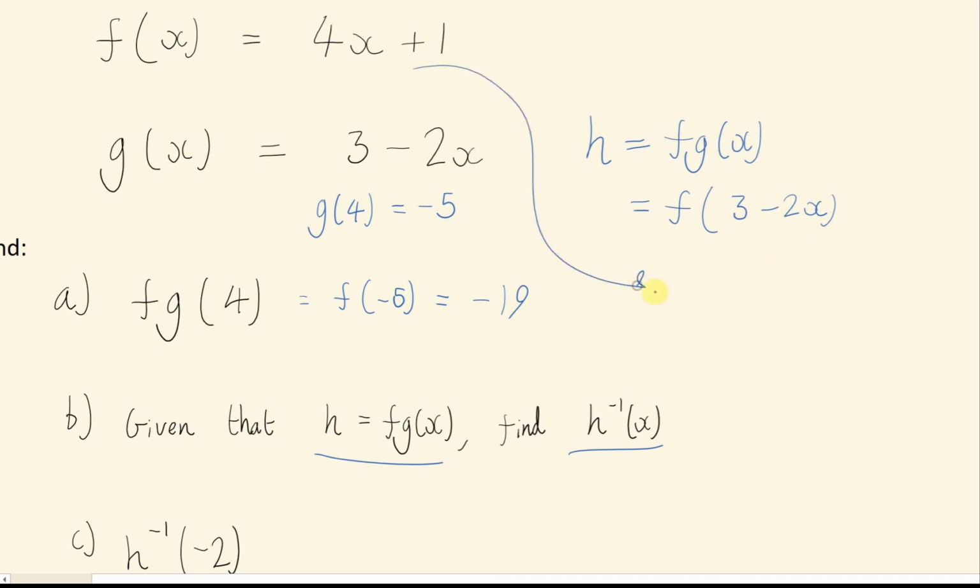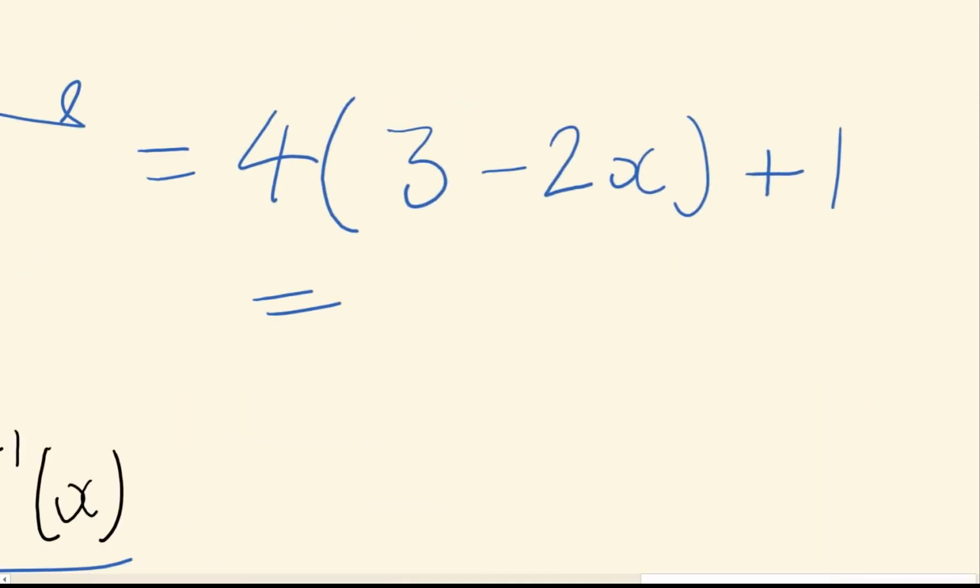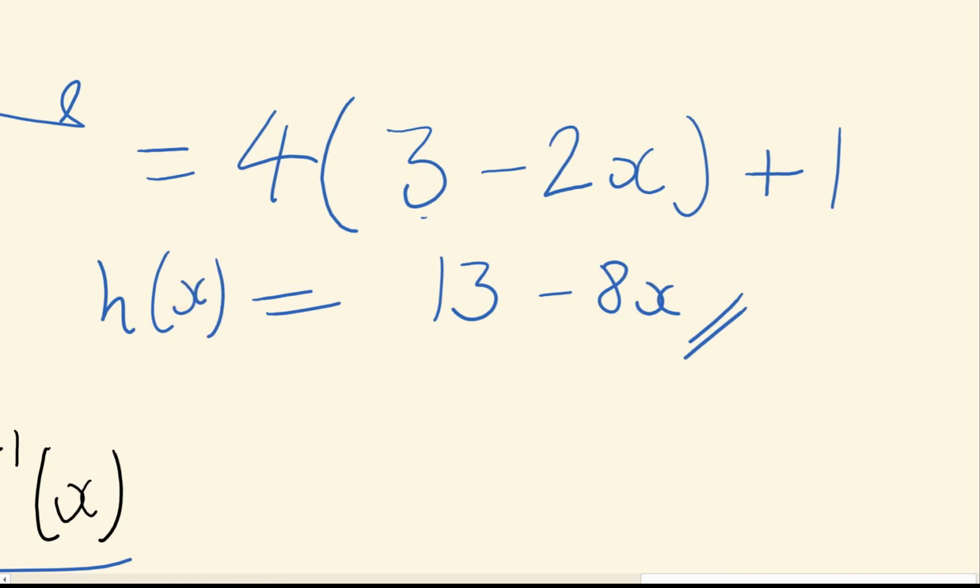Plugging it into here, everywhere we see x, we're now going to write 3 minus 2x, again keeping that in brackets. So 4 brackets 3 minus 2x plus 1, and then we can clean that up. So 4 times 3 is 12, plus the 1 is 13, and we've got 4 times minus 2x will be minus 8x. So that is my function h of x.